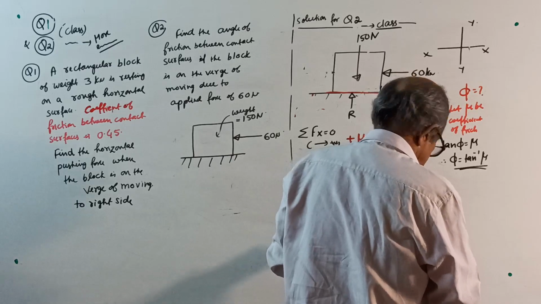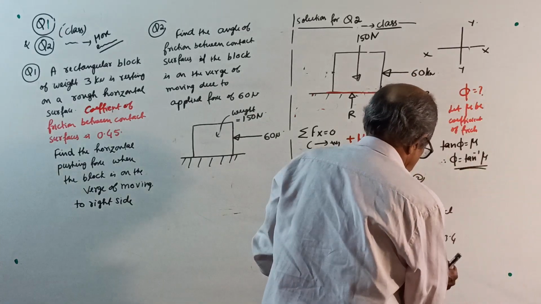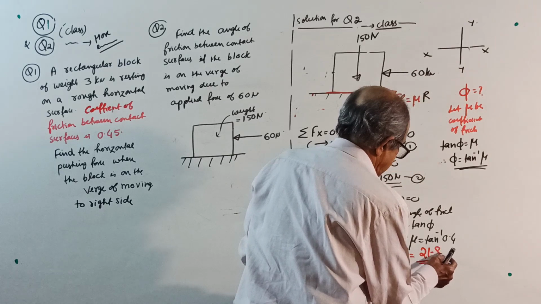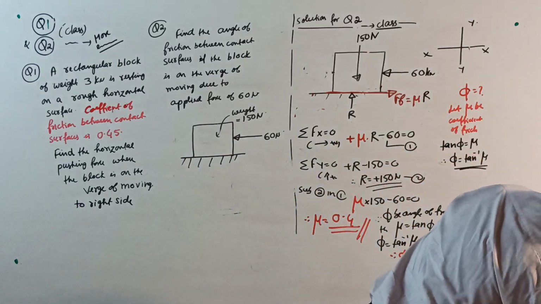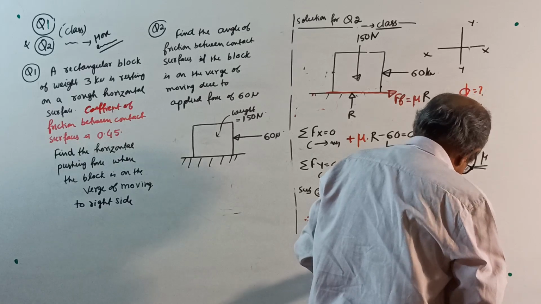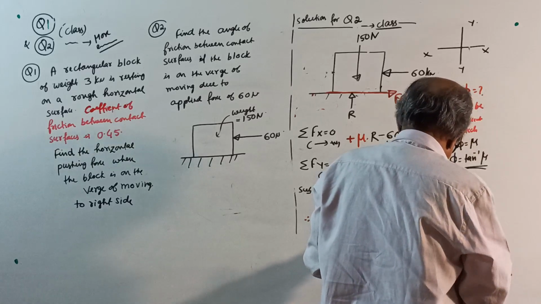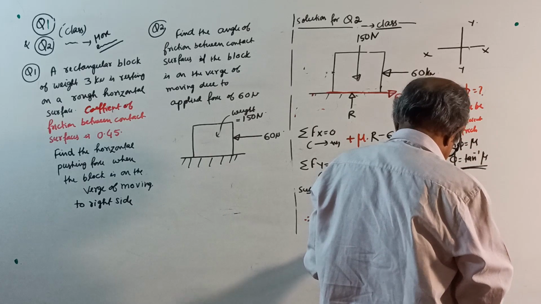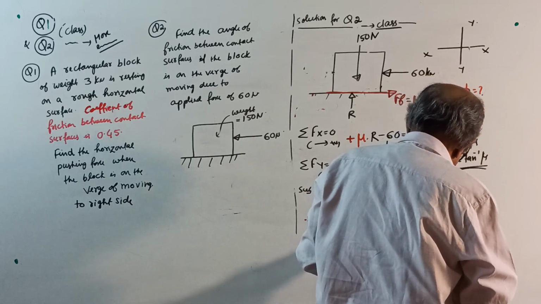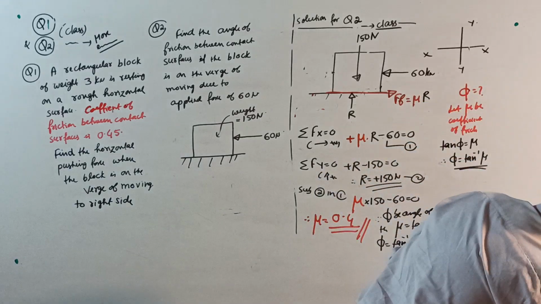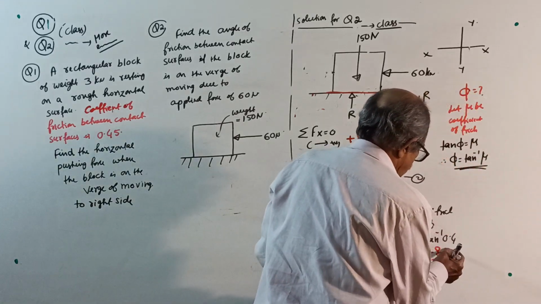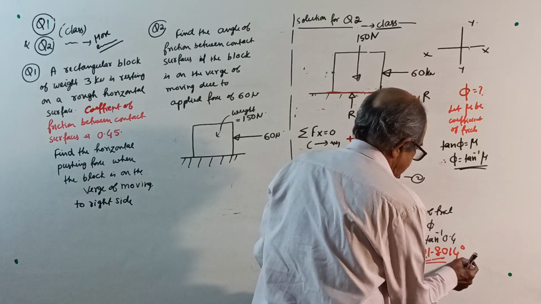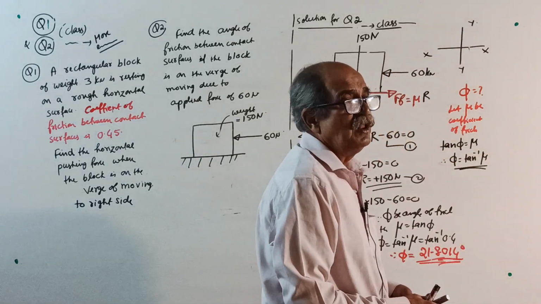So phi equal to 21.8014 degrees. Here, radian solving will not come.